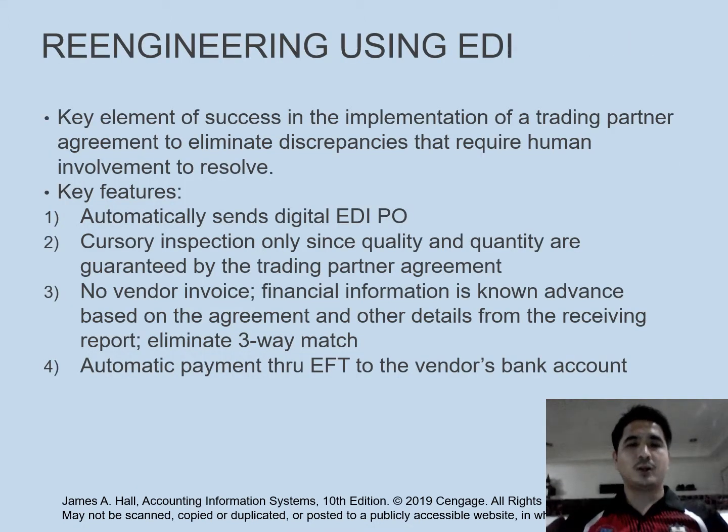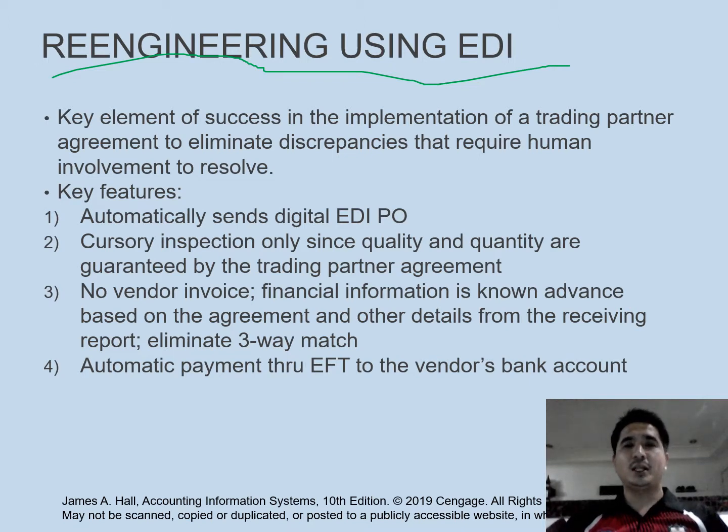Okay, so the last part of our discussion for this fourth video is on reengineering using EDI. The concept of EDI, or electronic data interchange, is that we automate. This is the highest level of automation, from basic technology to advanced technology to EDI.